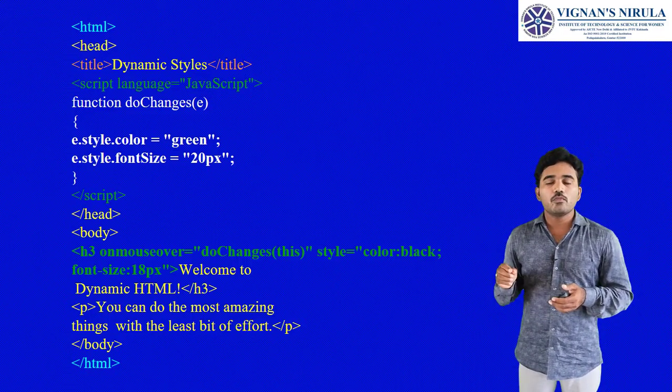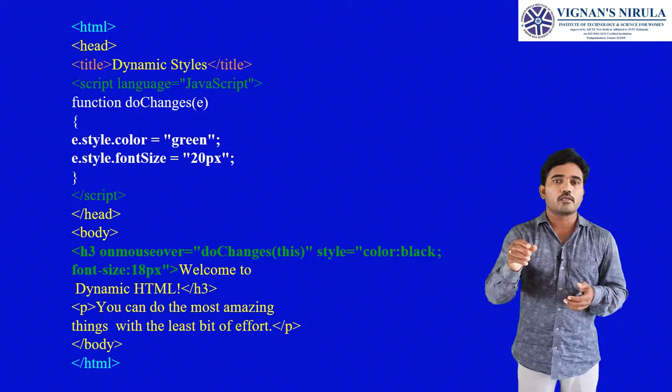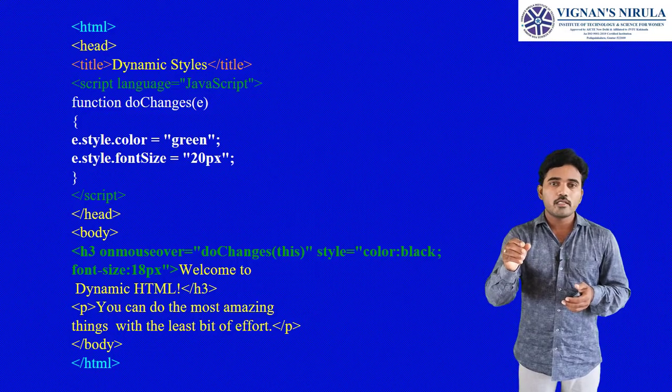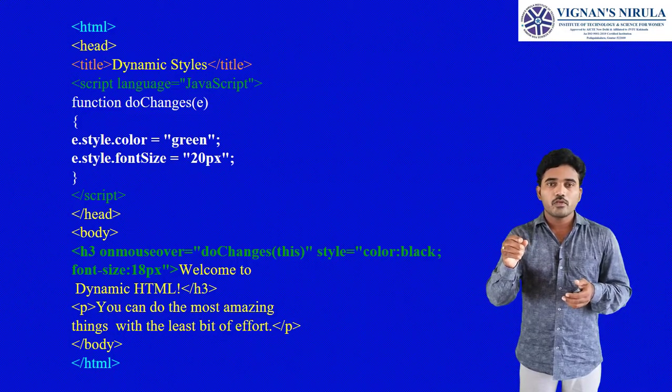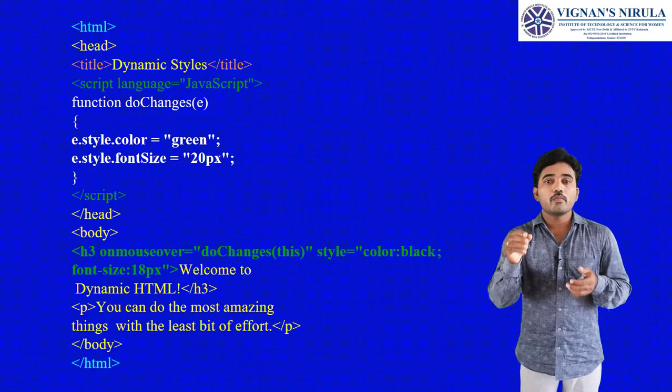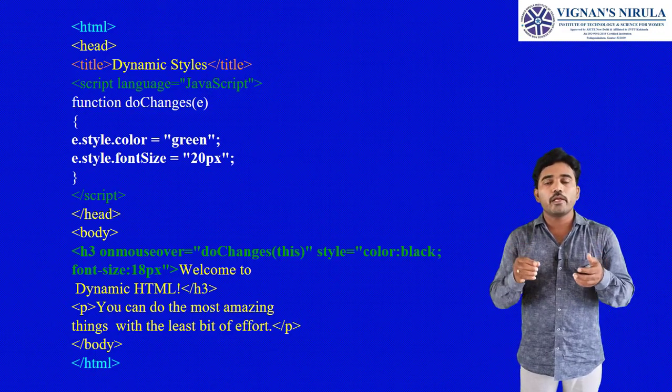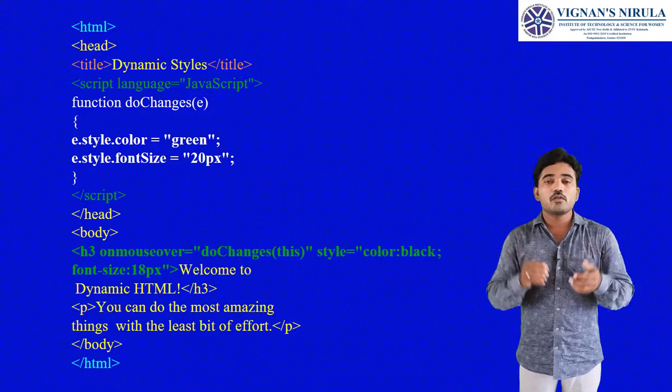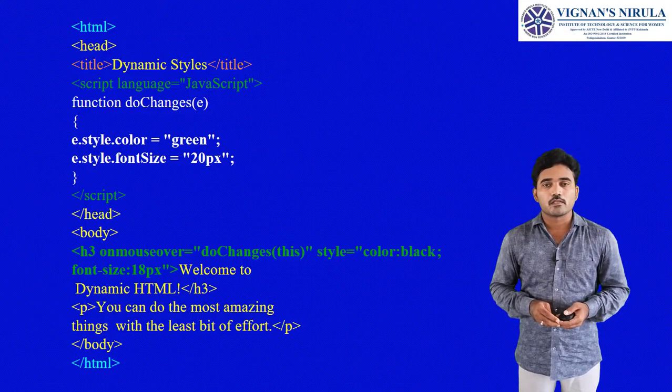But whenever you move your mouse onto that, on mouseover event we are using. So whenever you move your mouse onto the text, immediately its black color will be modified to green and its size is also modified to 20 pixels.